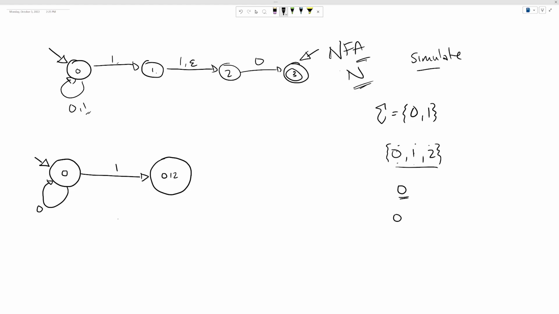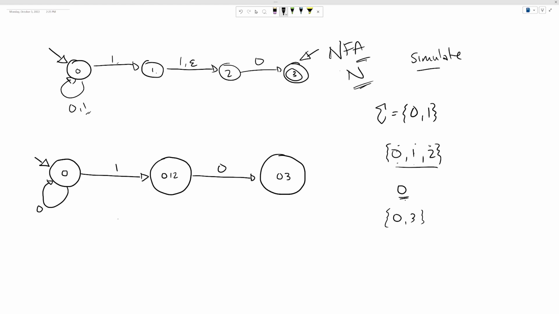That if I had been in state 1 and then I got a 0, that branch dies off. However, if I was in state 2, which I could be, and I get a 0, I would be in state 3. So it's possible, after getting a 0 here, that I'm in state 0 or 3. I'm going to label this one 0, 3 for that set.